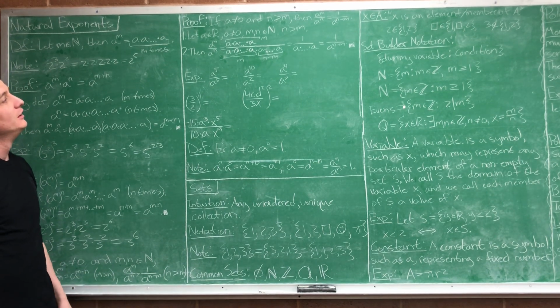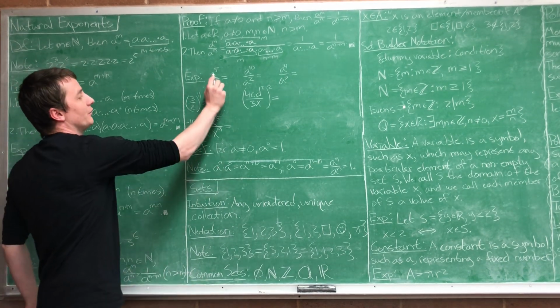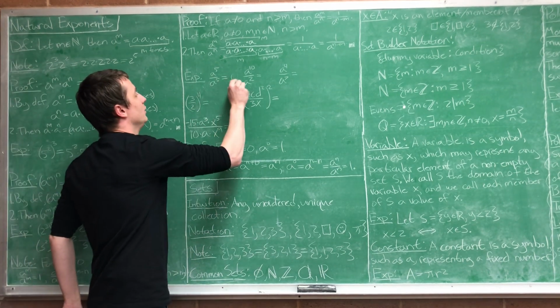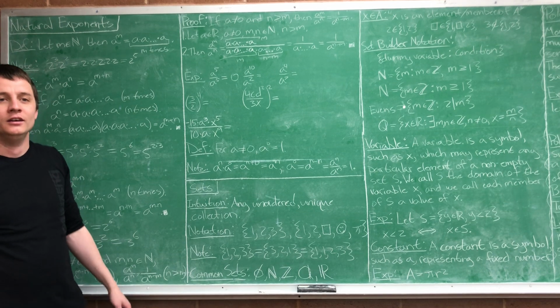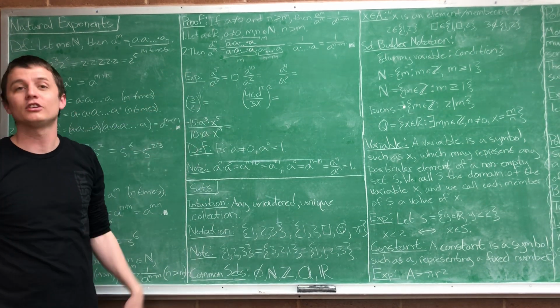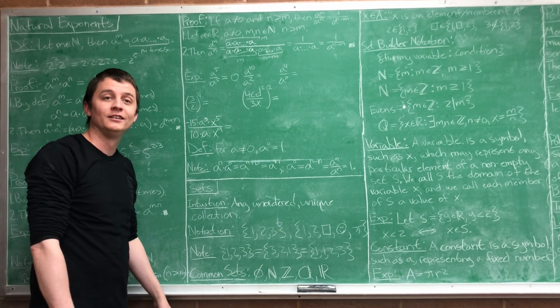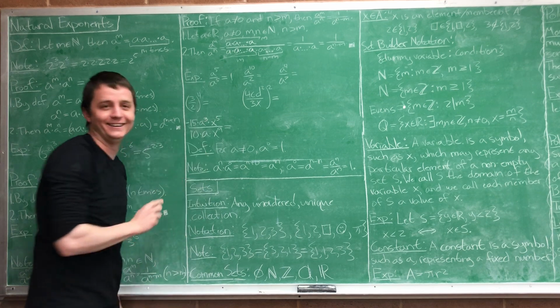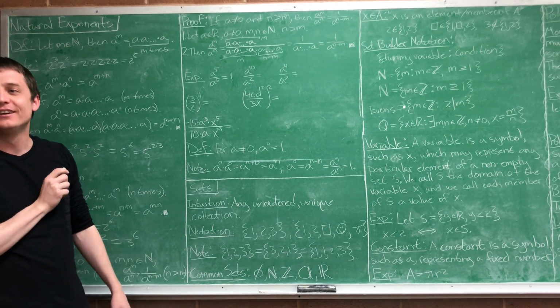Okay, so now let's do some examples. A to the 5 over a to the 5 is equal to? 0. Not 1. Right? Take a number and divide it by itself. You think you should get a 1? I don't know, maybe I'm just crazy. Yes, it's a 1. That's true, yeah.